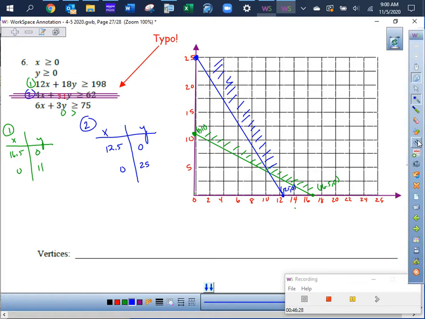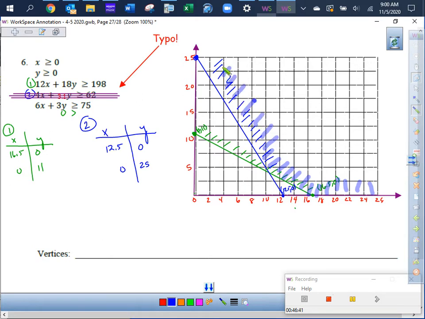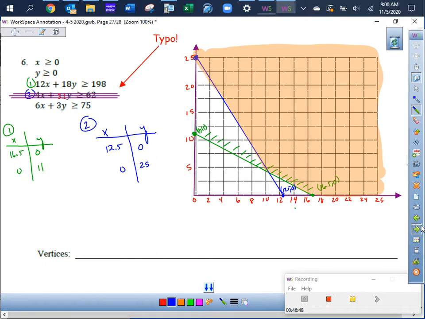So to shade, what I usually do, especially if you are using highlighters, remember you can't erase highlighters though, is you got to be above this purple guy, above this green guy, above this blue guy, and then to the right of this. So doesn't all of this area get shaded in that case?